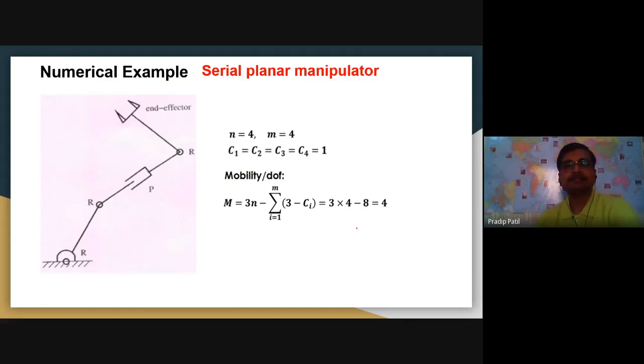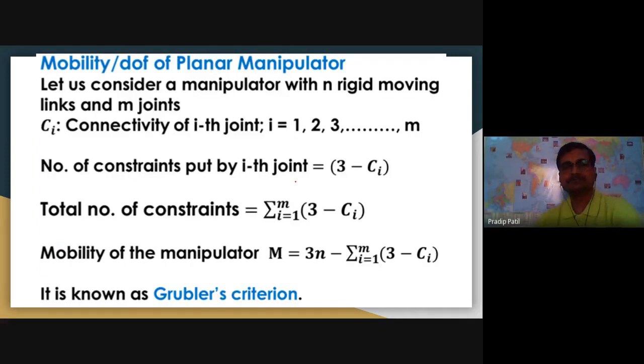When we apply it to serial manipulator, let us say we will define it for planar manipulator first, and then we'll look at the example. In case of a planar manipulator, the same equation, but the only thing that will change is the number 3. That is, in a planar manipulator, you will have 3 motions possible: X, Y, and rotation about X axis or Z axis or Y axis, whichever way you take it.